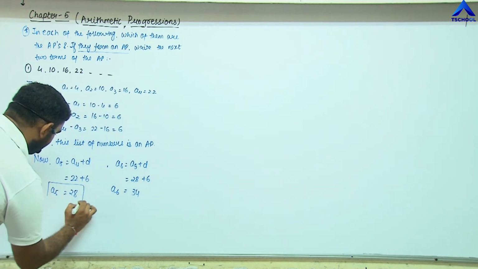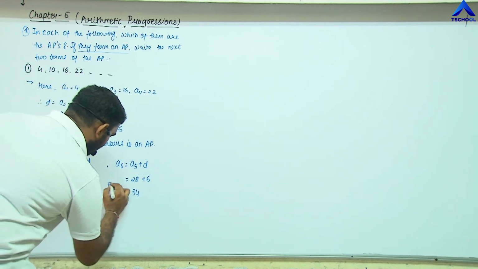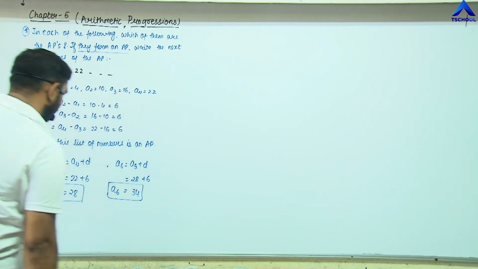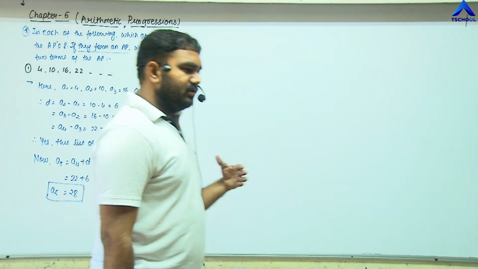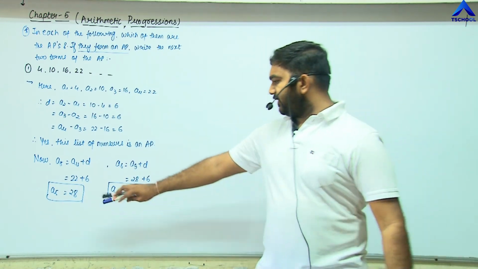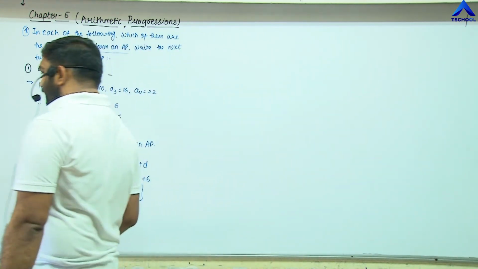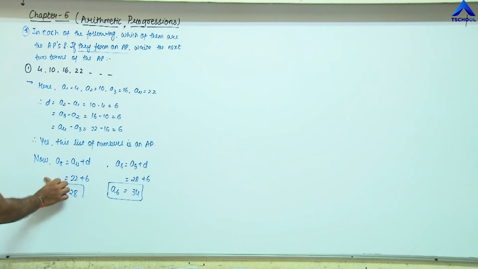So the next two terms are 28 and 34. Is it clear? So this is how you can identify an AP, and also solve it for the next two terms. Is it clear, friends?